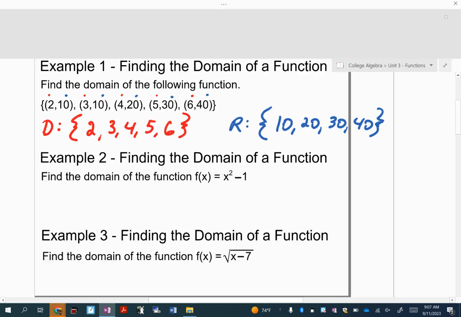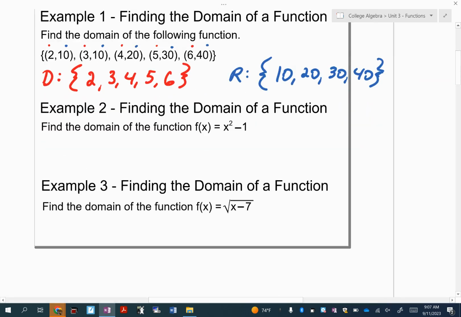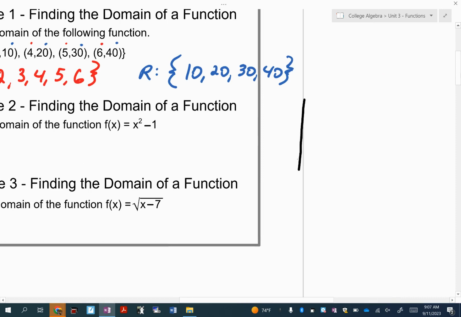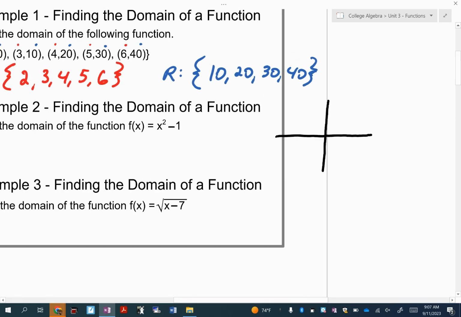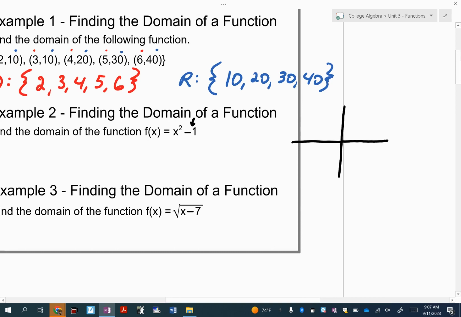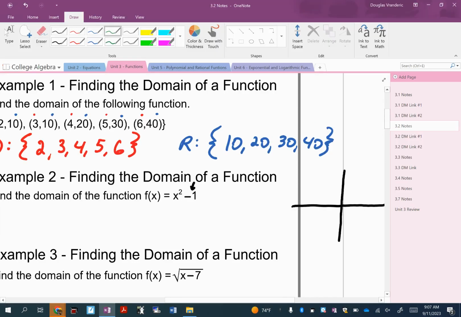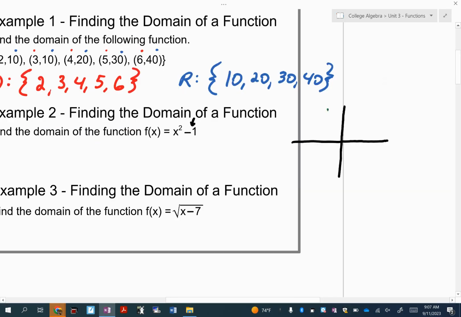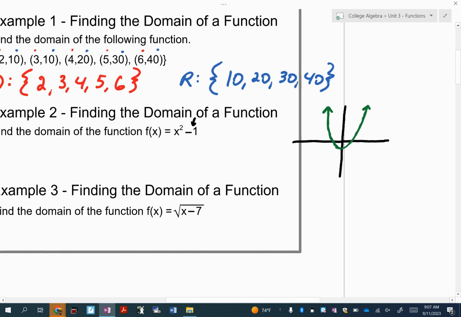Let's do the same thing for these two functions. Now, I'm hoping you know what these look like when you sketch them. This is a quadratic function, and that -1 has moved the parabola a unit down. So essentially it looks like this. So this is that x squared -1.